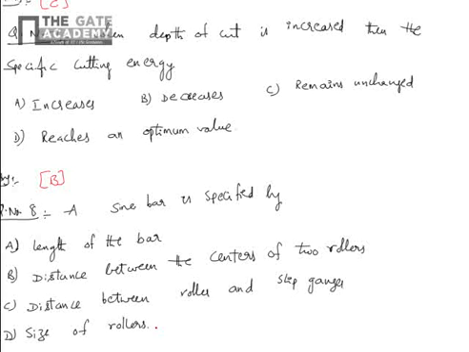So sine bar, if you remember what we have discussed, is used to measure angles. A sine bar looks like a bar standing on rollers. So these are the slip gauges.